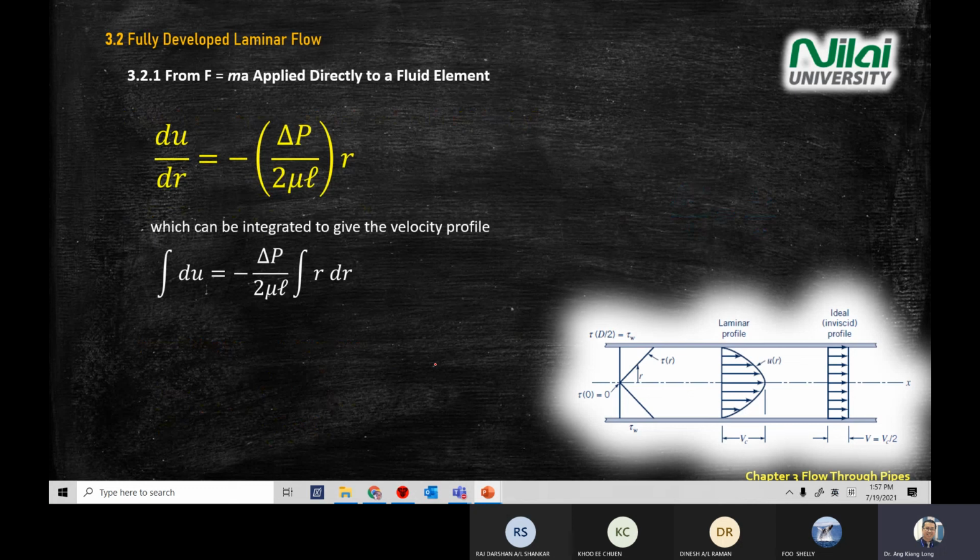Then after that, you continue to develop, because you are having a differential equation, you want to find the total velocity. You use integration steps. You integrate left side, right side.